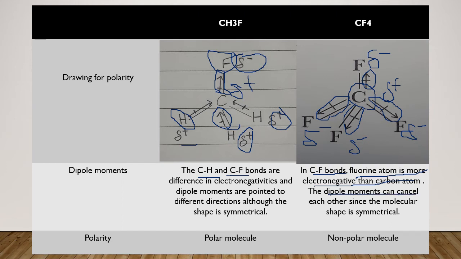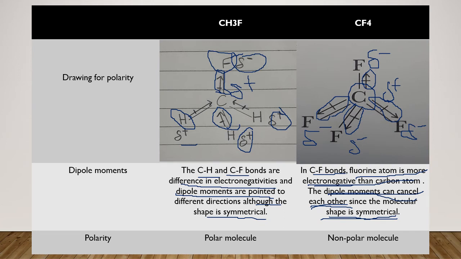Dipole moments can cancel each other since the molecular shape is symmetrical. So if you answer both explanations correctly, stating the difference in electronegativities for each of them, then stating the dipole moments, whether they cancel each other or not, and whether the shape is symmetrical or not.